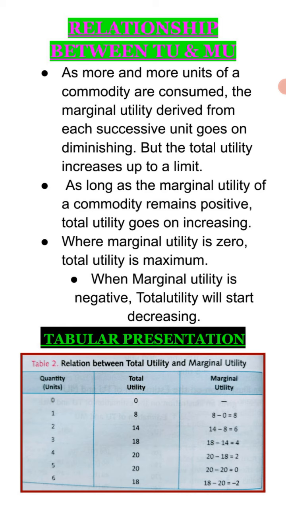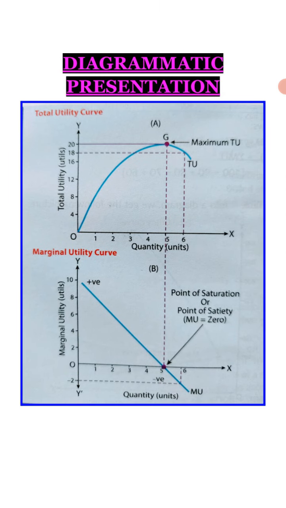And the last one: when MU is negative, we can see in the last step that the total utility starts decreasing. We can see that from 20 to 18 it starts decreasing, and the same can be seen in the diagram as well. G is the particular point where TU is maximum, and when TU is maximum, the value of MU is 0. This is also known as the point of satiety and the point of saturation.